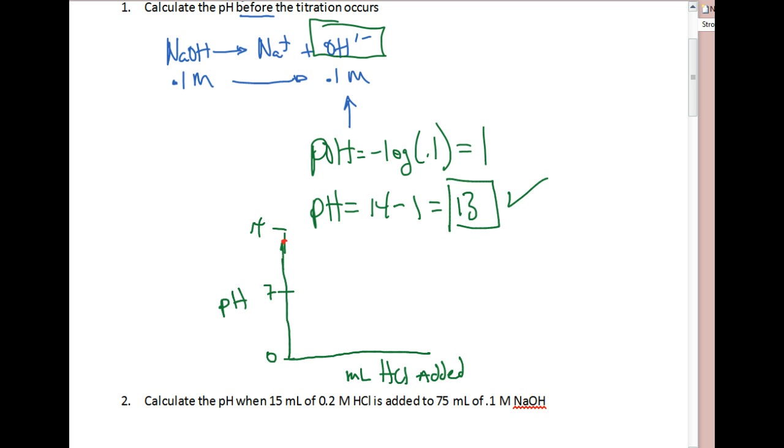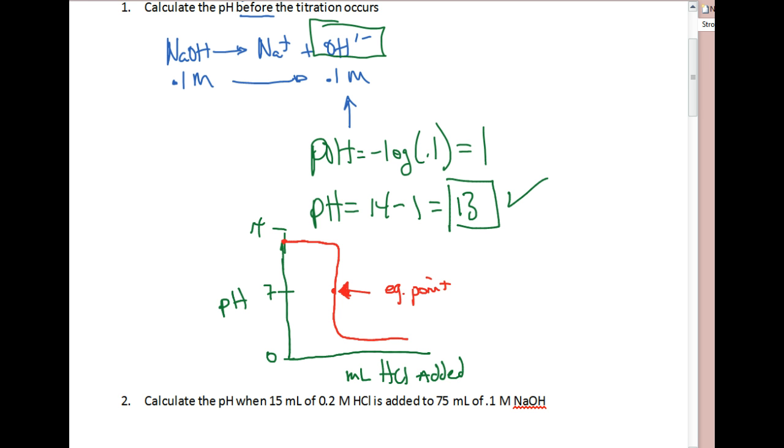As we add that HCl, the curve is going to keep going like that until you hit your equivalence point, which will drop, and then the curve will look like that. Our equivalence point is going to be right there, at a pH of 7 for a strong acid, strong base. Now, as we said today in class, the equivalence point is not always at 7, but for this one, it is.